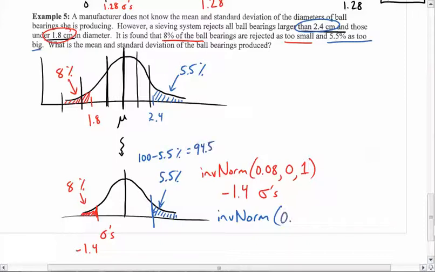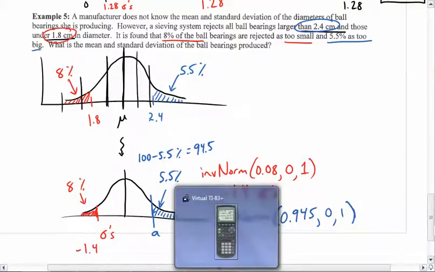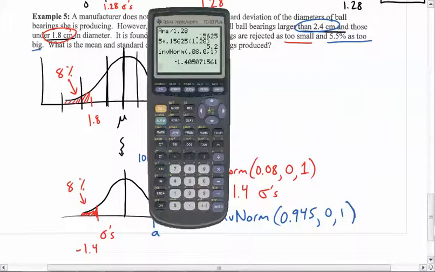So there's 94.5% smaller than this A value. We want to find out how many sigmas that A value is. I'm going to guess it's about 2 sigmas. So 0.945, comma, 0, comma, 1. That's 1.6 sigmas.